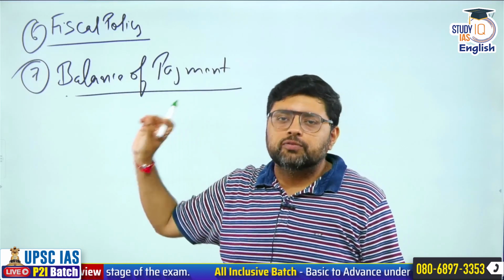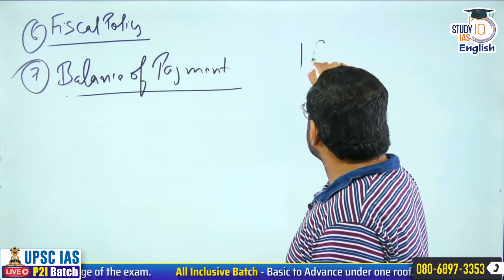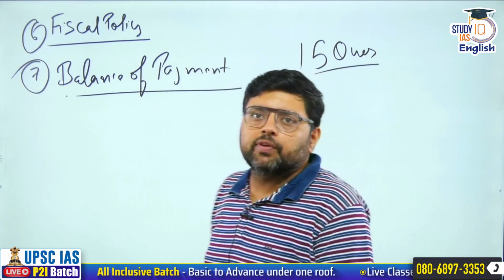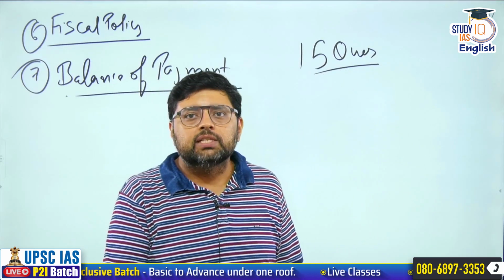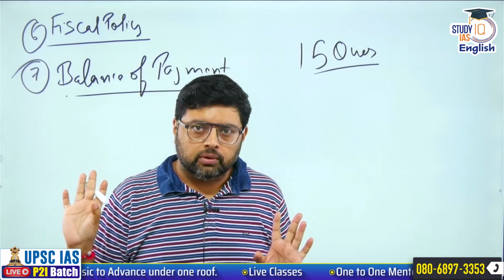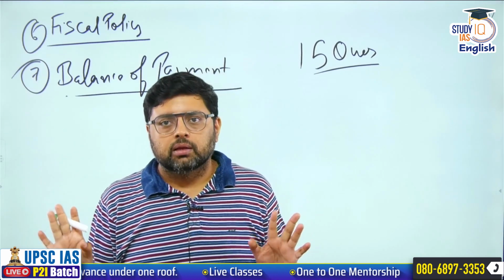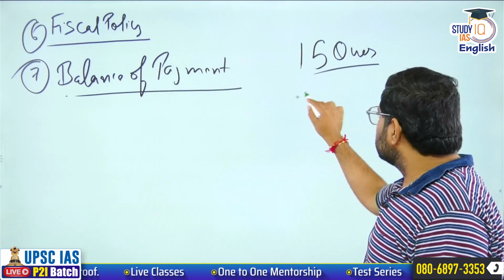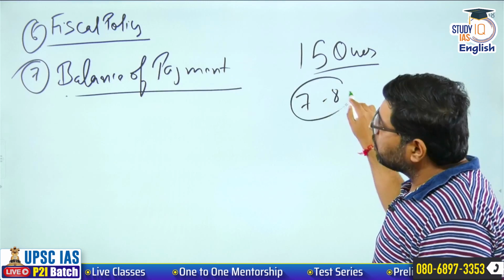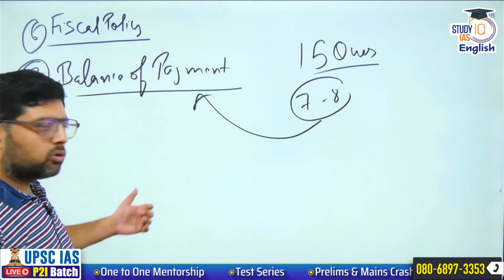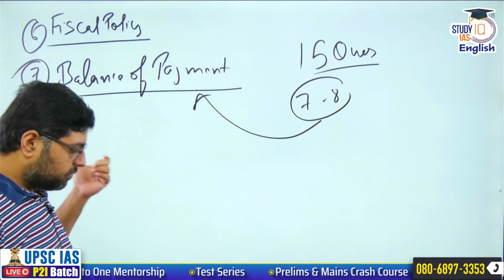Suppose 15 questions are coming in any year, because the number of questions is not fixed, sometimes it is 10, meaning minimum 10, maximum 23, 24, or in between. Clear? So if 15 questions are coming, around 7 to 8 questions will come from these 7 topics.